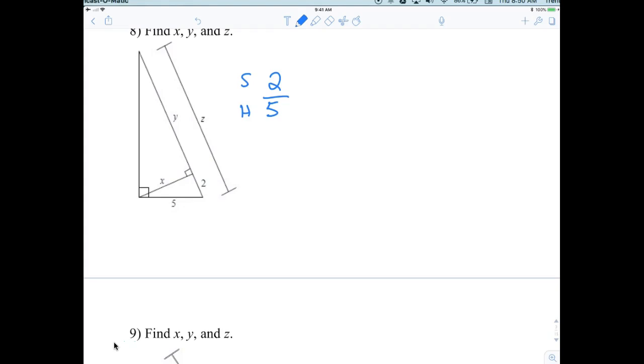And then I want a short leg and a hypotenuse. So that would be 5 over z. So 2z equals 25. Z equals 25 halves. Any questions with that? And if z is 25 halves, y I can just say is 21 halves.